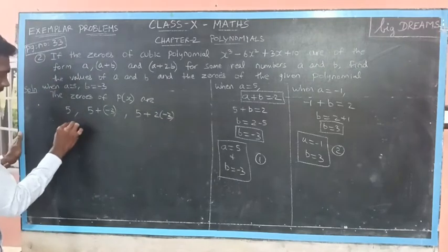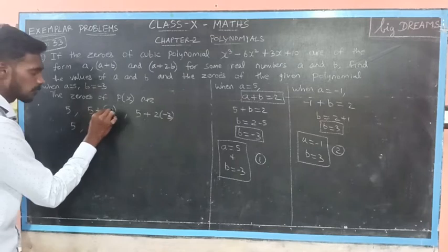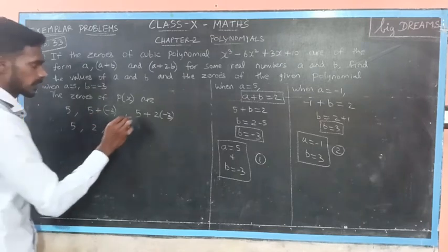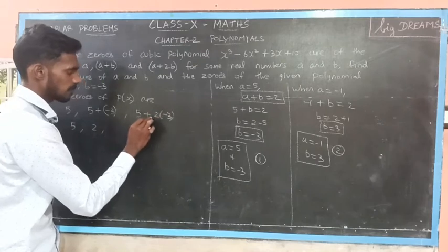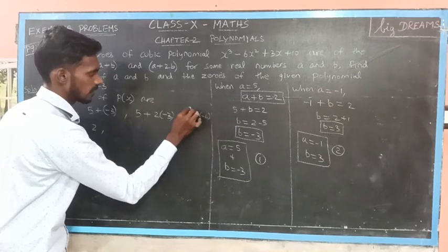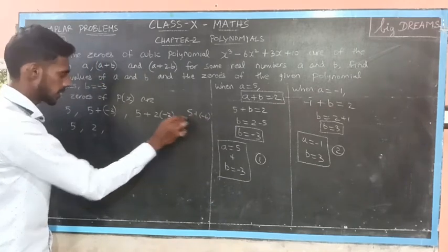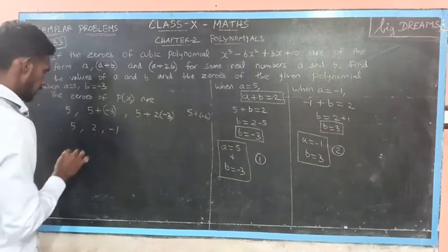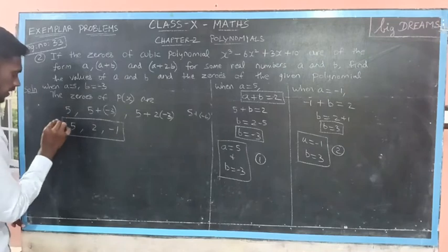So, we will be getting 5 plus of minus 3, which is 5 minus 3, which is 2, then 5 plus 2 into minus 3, that is minus 6. So, 5 plus of minus 6, 5 minus 6 gives minus 1. So, another zero is minus 1. So, these are the one set of zeros.